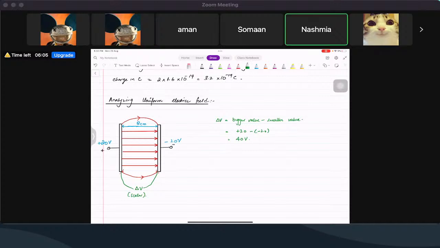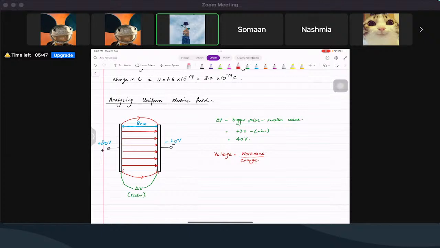Yes. Now the next thing. In O levels, you might have learned about voltage, and you might have learned this definition that voltage is basically the work done per unit charge. Do you guys remember this? Yes, sir. So we can write this as voltage equals work done upon charge. Now this is very important.